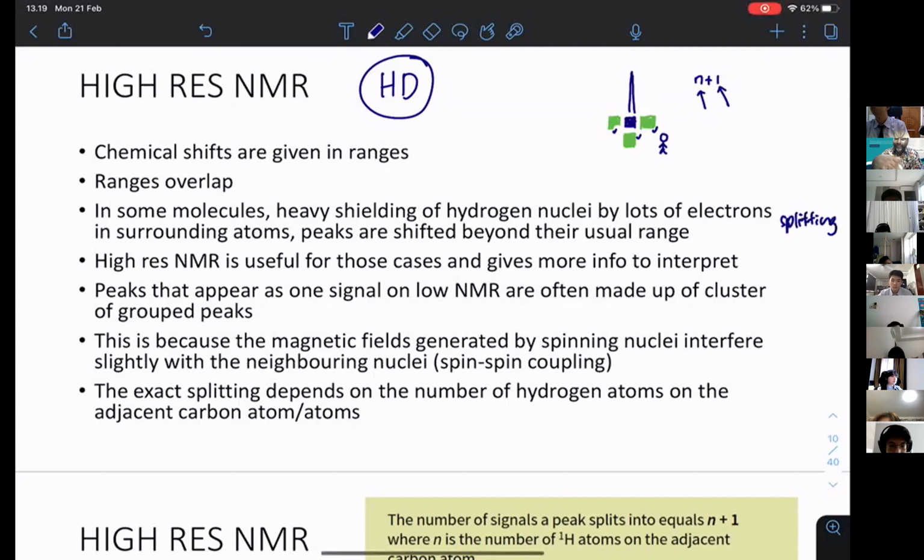The peak is split into a few parts. A peak that appears as one signal in low resolution NMR is now made of a cluster of grouped peaks. This is because the magnetic fields generated by spinning nuclei interfere slightly with the neighboring nuclei, which is what we call spin-spin coupling.